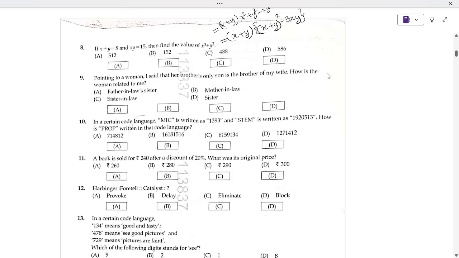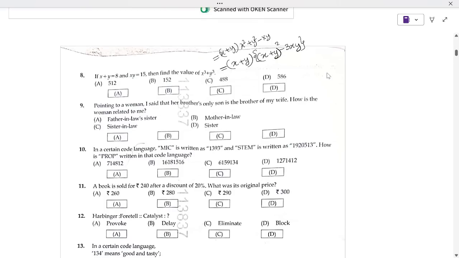Now, x plus y whole square, the formula is x square plus y square plus 2xy.